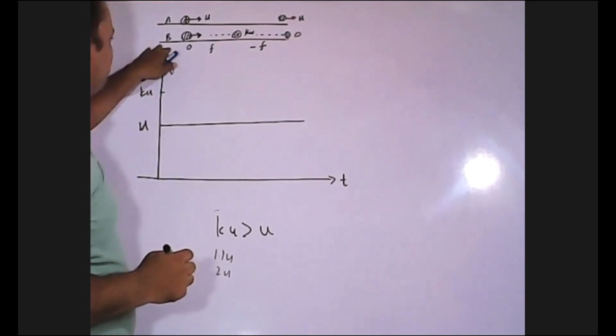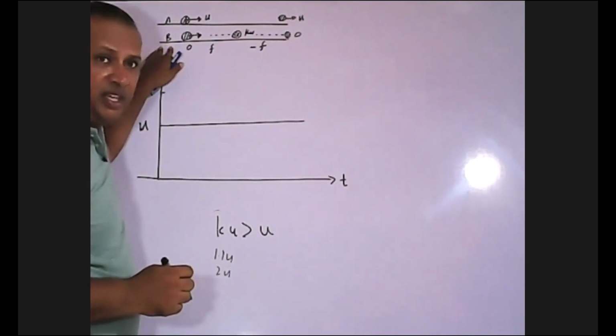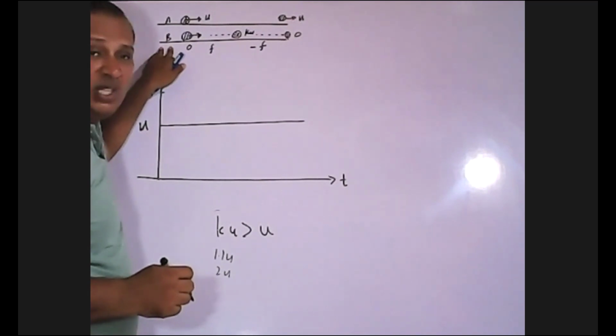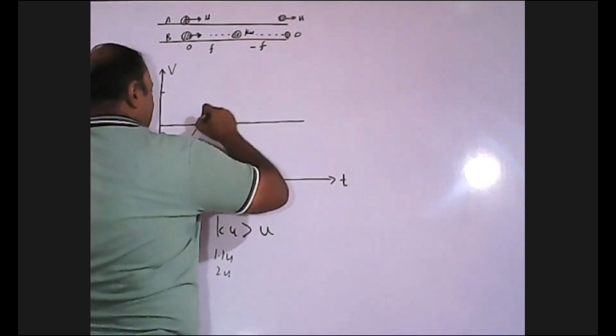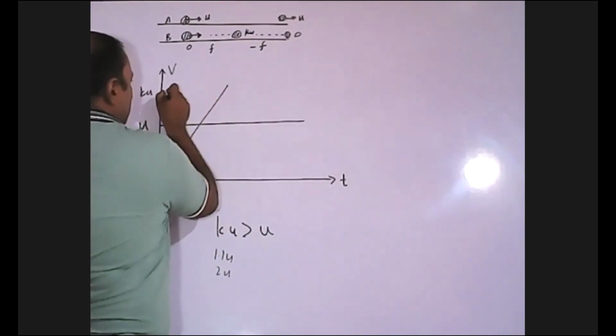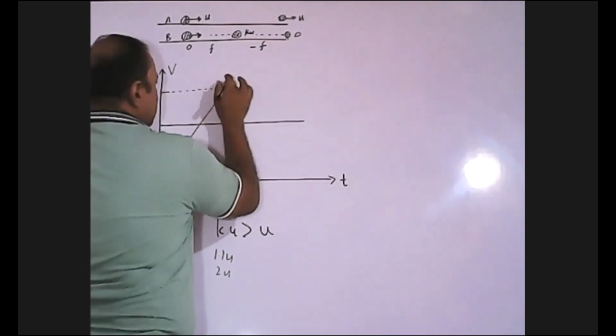So B starts from the rest and moves with a constant acceleration of f, and reaches the maximum velocity ku.